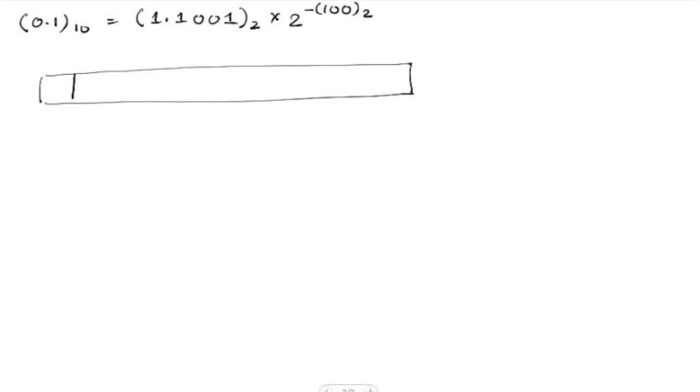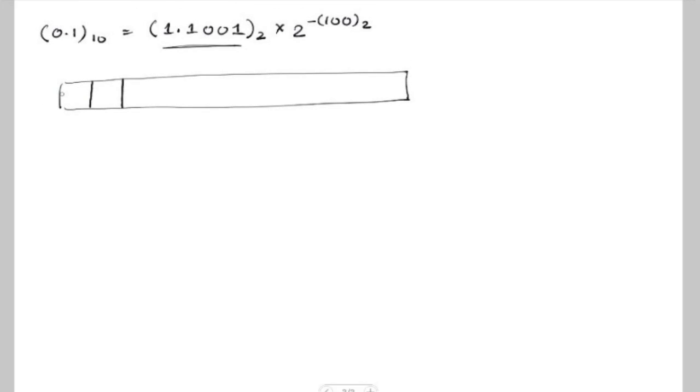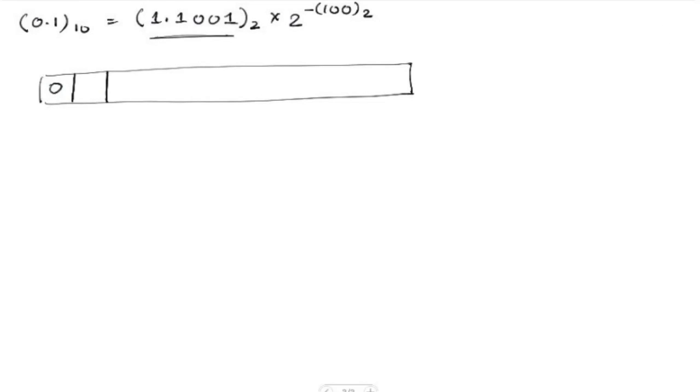Here, as we know, the first bit is for the sign of the number, and the number is positive, so it is 0. The next bit is for the sign of the exponent, and as we can see, our exponent is a negative number, minus 4, so here it will be 1. Then we have 3 bits for the exponent. Here we have the exponent as 100, so we already have our 3 bits, 1 0 0.